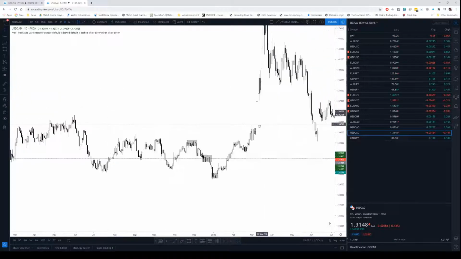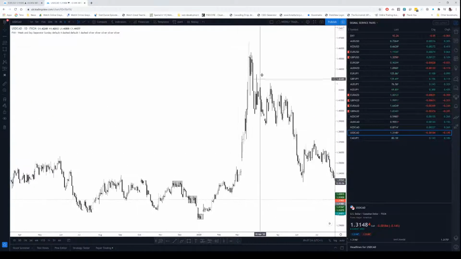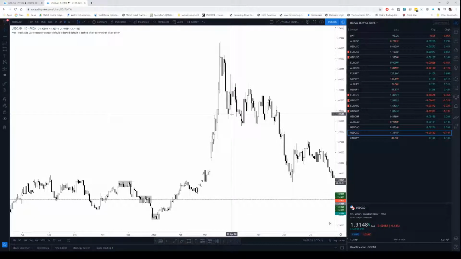Right, and then we have another expansion, and then once we had this huge expansion, price retraced a little bit.